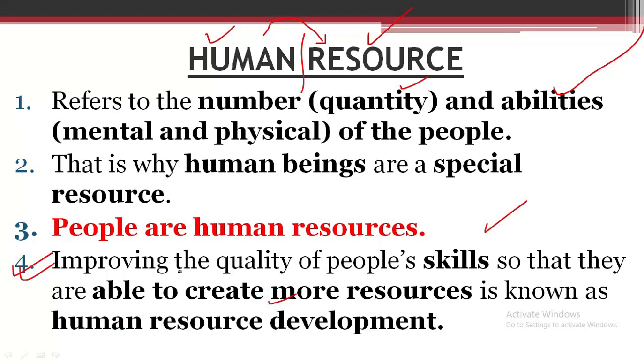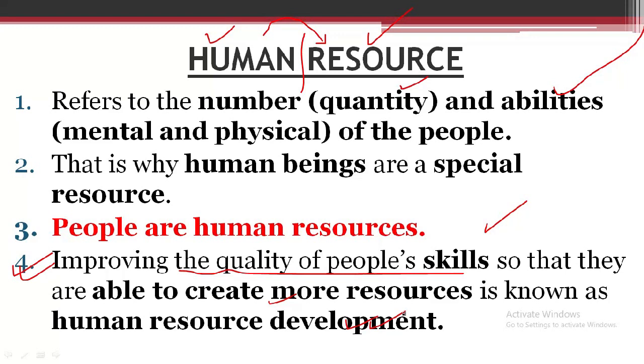When we improve the quality of people's skills, when people are educated, when people are trained, when people are properly skilled, then they turn into resources. Now when they turn into resources, they are able to create more resources like them, and this is what is known as human resource development. So what are the things which we have studied here?